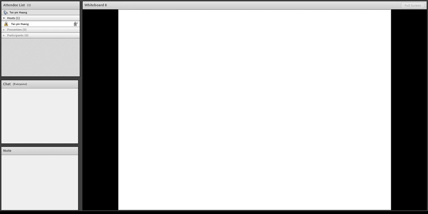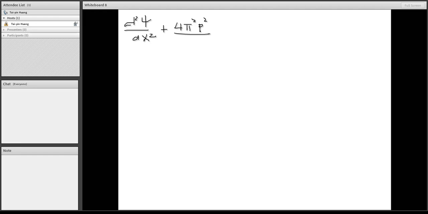So turn to the next page, then this equation now can be written as 4 pi squared p squared over h squared, and then this is equal to 0.